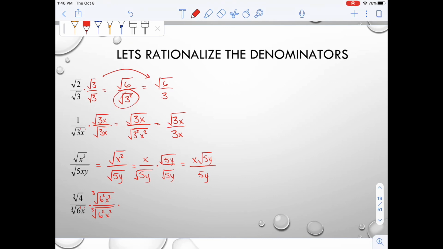What I'm going to then get here in my numerator is going to be 36 times 4, which is going to be 144.